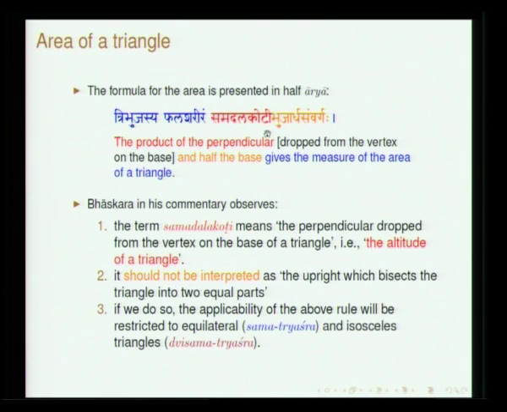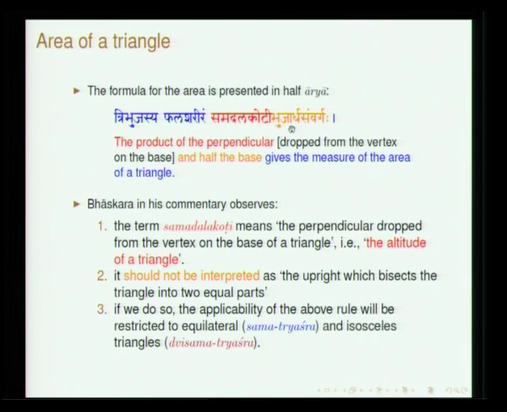So, samadala koti bhuja, bhuja is a side. Okay. Normally we are familiar with half into base into height. So, here this bhuja can be taken to be the side which is base and the samadala koti is the height. In fact, the word samadala koti has been analyzed by the commentator Bhaskara.